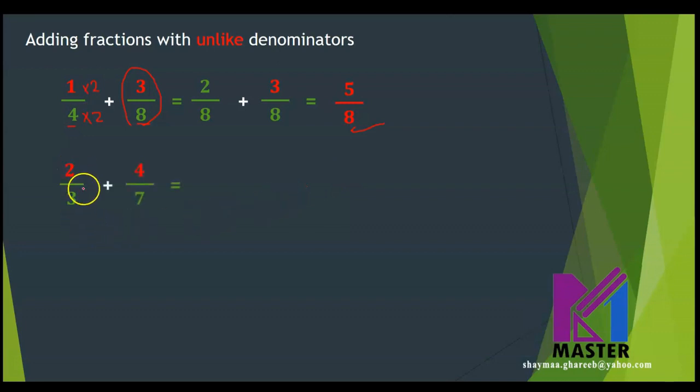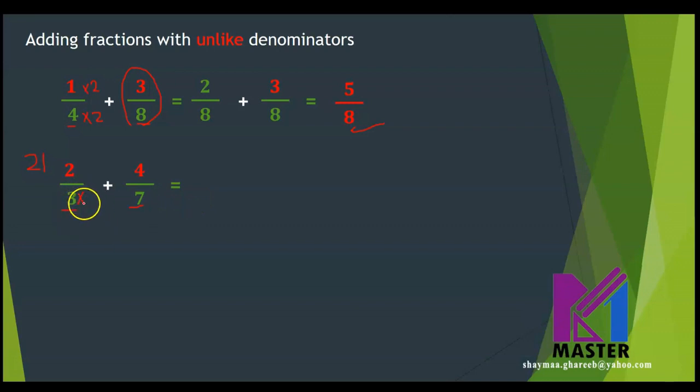One more example, 2/3 plus 4 over 7. So I need to think of a common multiple between 3 and 7. The least common multiple between 3 and 7 is number 21. So I need to change this 3 to be 21 and this 7 to be 21.